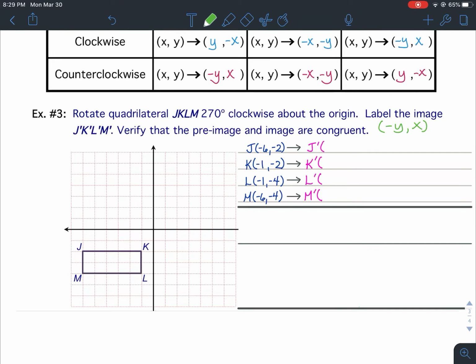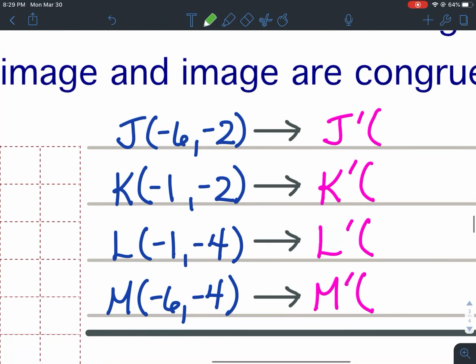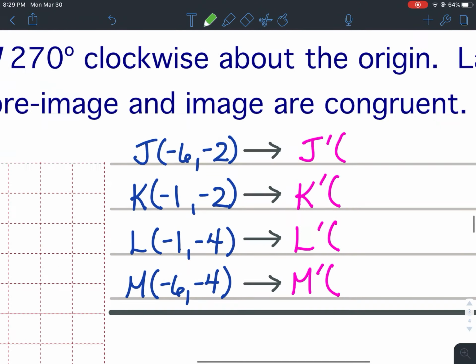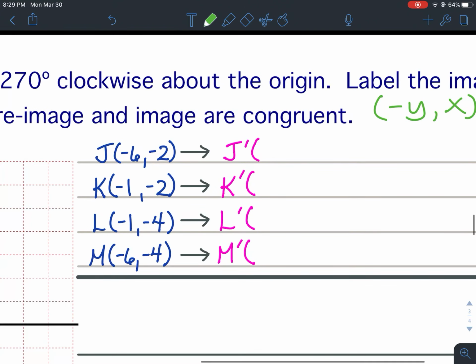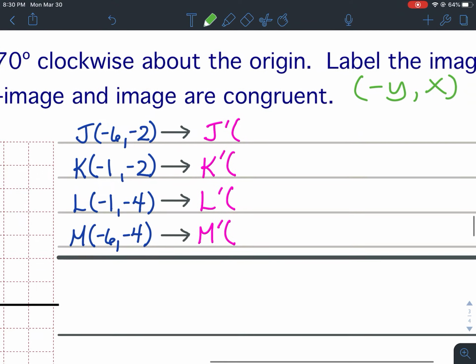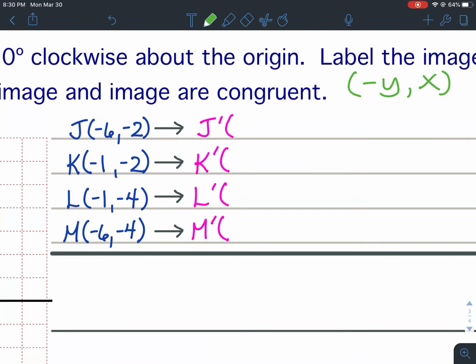Now, I know this is strange, but we're going to be taking these ordered pairs and flipping them around. Whatever the y-coordinate is, it's going to become the x-coordinate. Whatever the x-coordinate was, it's going to become the y-coordinate. Except we're also going to be taking the opposite of the y-coordinate. So it is negative y, x.